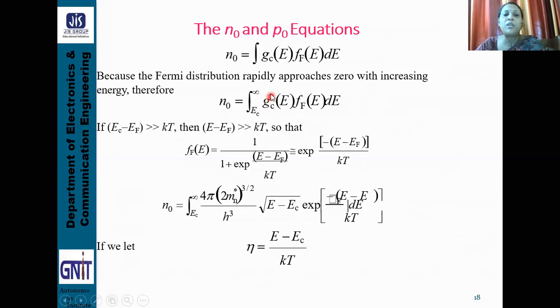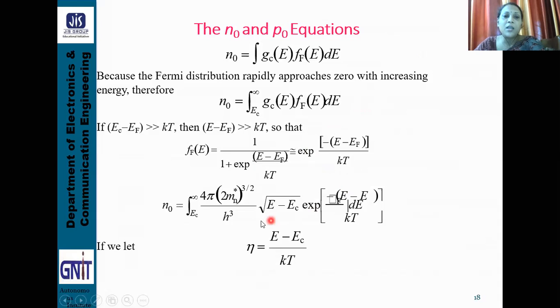That's why we have put infinity as the maximum limit. According to the Fermi-Dirac distribution function, if EC − EF is much greater than kT, that means the maximum number of levels are occupied. Therefore, we can ignore the 1, and only e^(−(E−EF)/kT) can be considered.